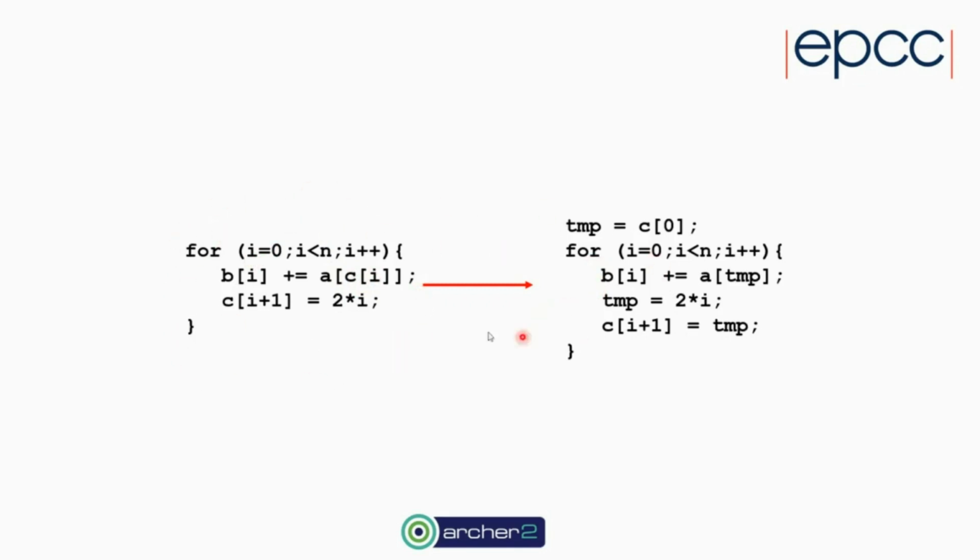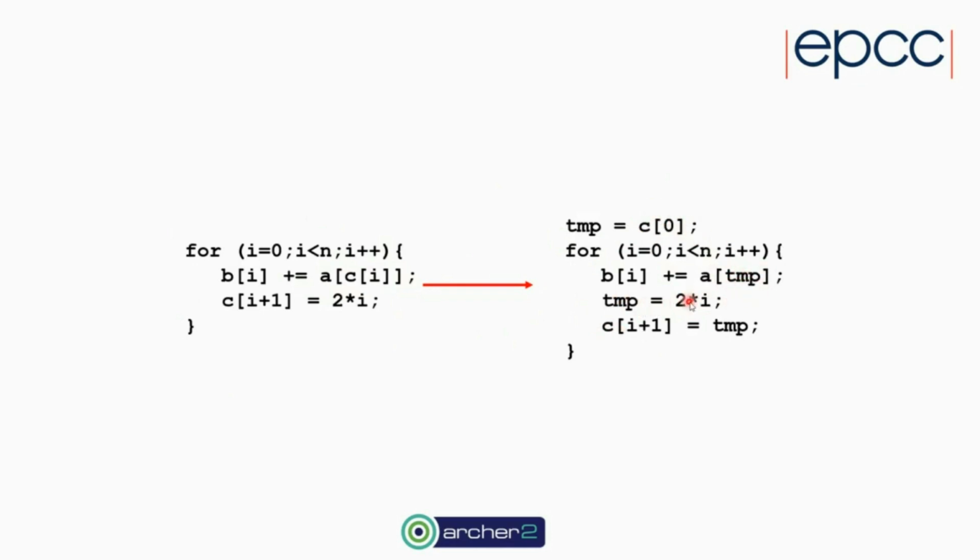Then you can change this code. Because C of I just goes up, let's assume, linearly, we can replace C of I with a scalar temporary. Here we have temp equals the beginning of an array, and if we know that this array just goes up by 2 every time, we can replace it with this scalar temporary.